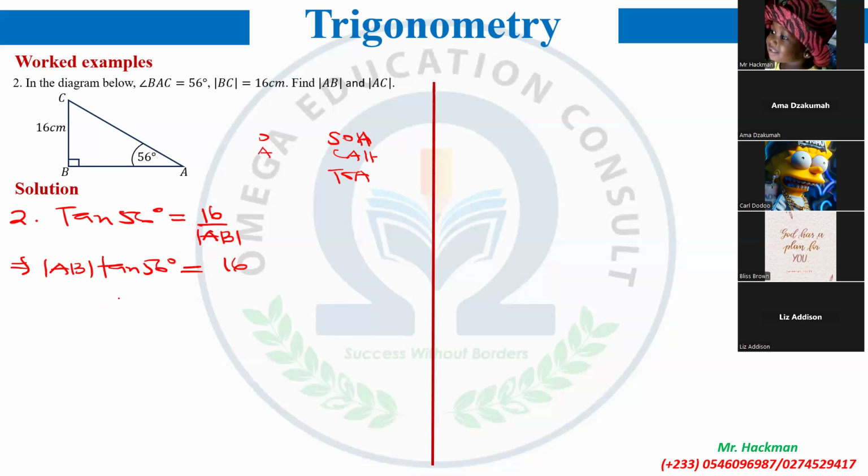Now we are looking for AB, so we divide by tan 56. At this point, please don't use your calculator to find the approximate value of this; you use your calculator once.